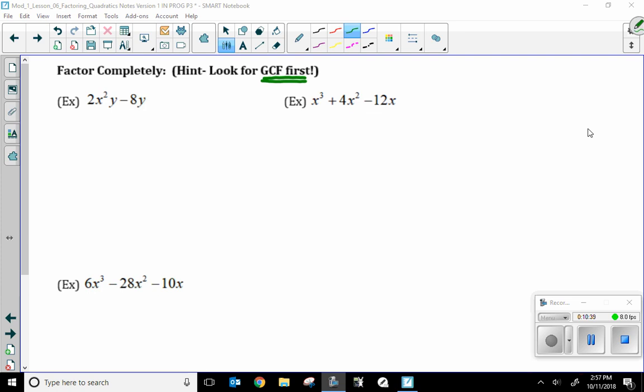All right, this first one. I know there's a common factor between 2 and 8. That's 2. 2 goes into both of them. I also see that they each have a y. So I'm going to factor out a 2 and a y. Now, please remember that when I factor out, that's like dividing.